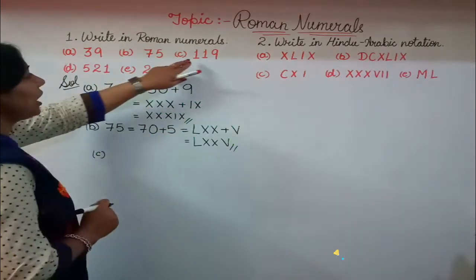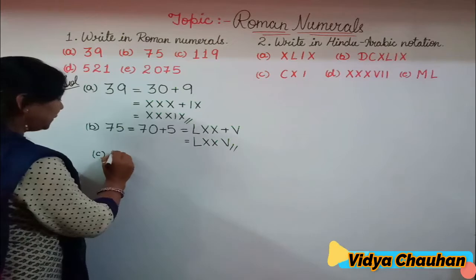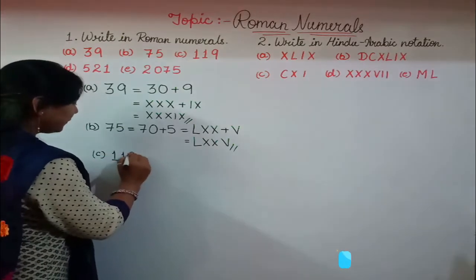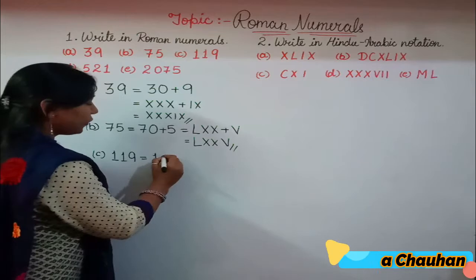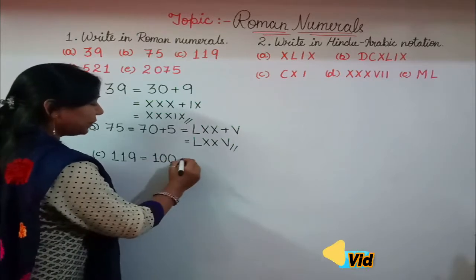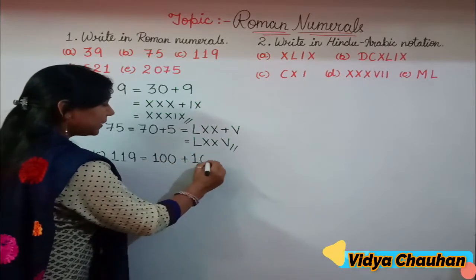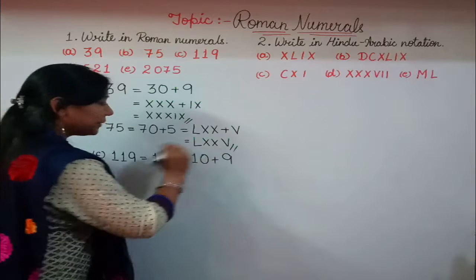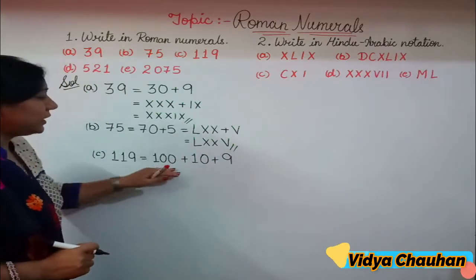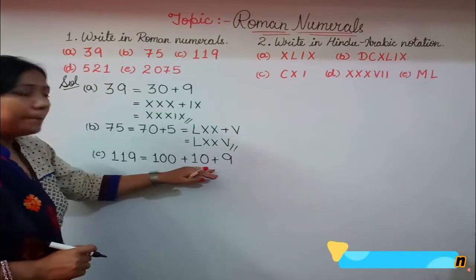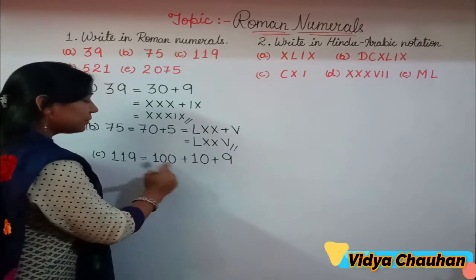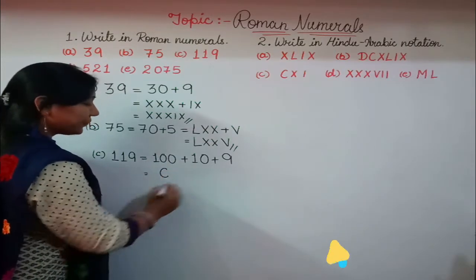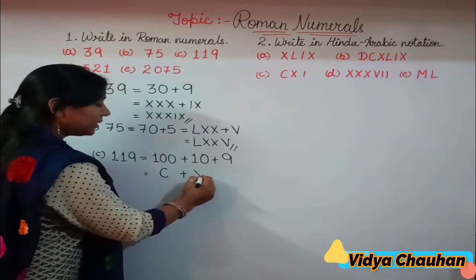Third part. In the third part, you have to write the Roman numeral for 119. Writing its expanded form, 119 is 100 plus 10 plus 9. Right students? After that, what is the symbol for 100? C. What is the symbol for 10?